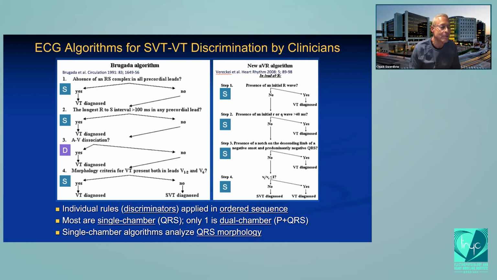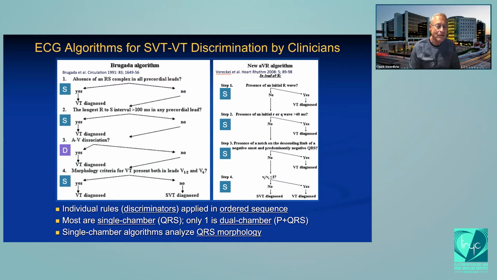But if we think about the structure of an SVT-VT discrimination algorithm used for ECGs, they have three key features. First, there are individual rules that are applied in some ordered sequence.